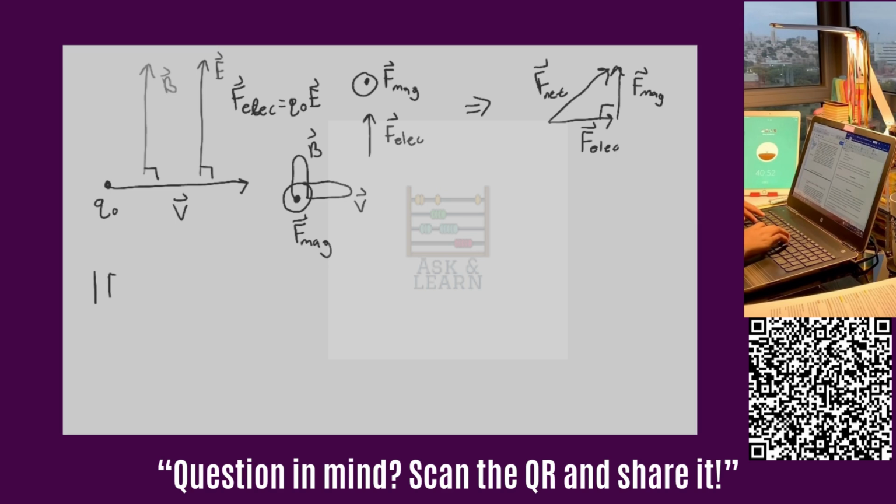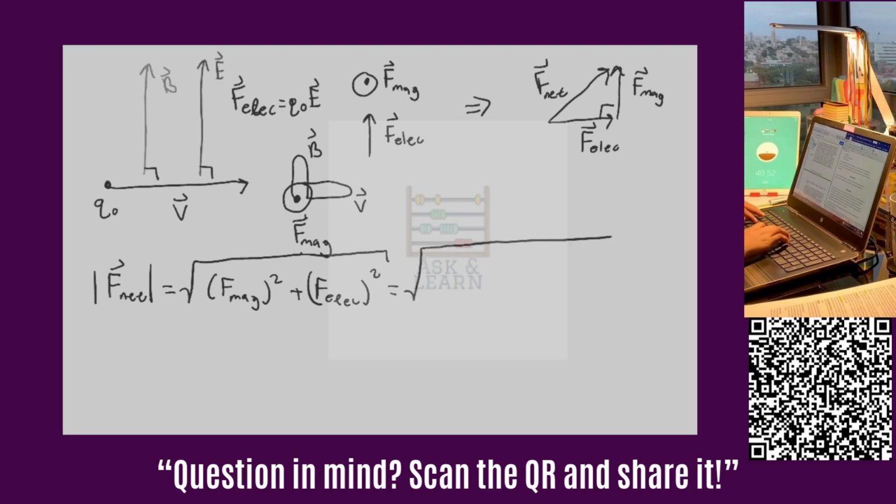So what is that going to look like? The magnitude of the total net force, which is what we're looking for, is going to be the square root of the magnetic force acting on our charged particle squared plus the electric force acting on our charged particle squared. Now, what do those look like? Let's think about what these force magnitudes are in equations.